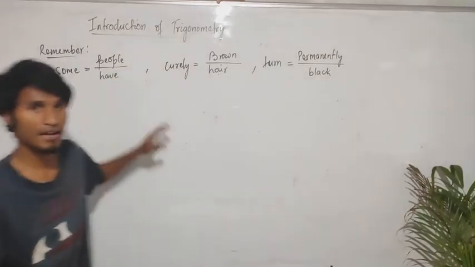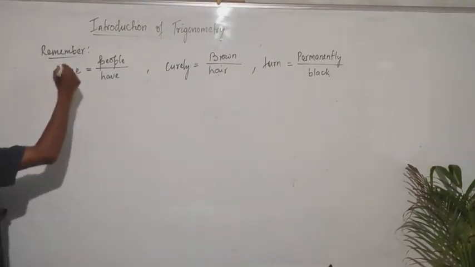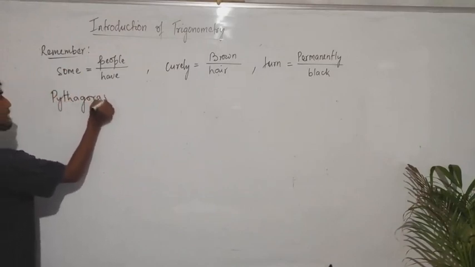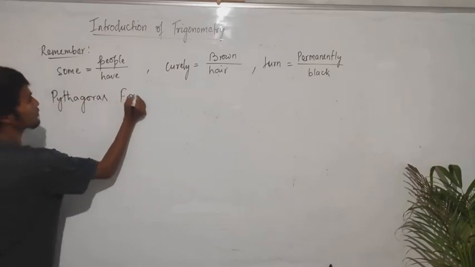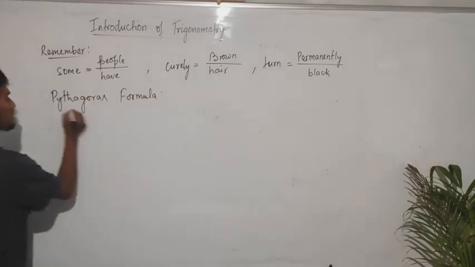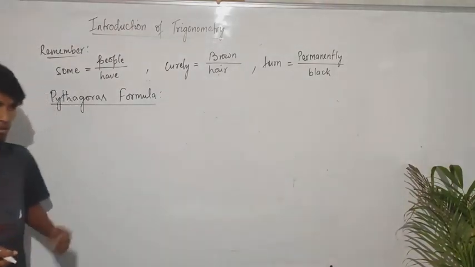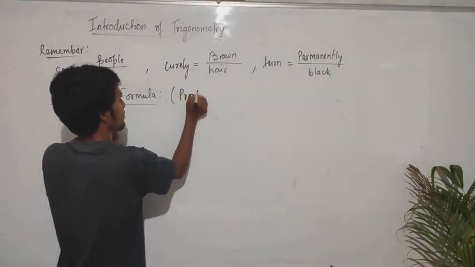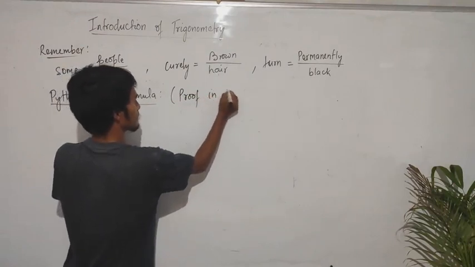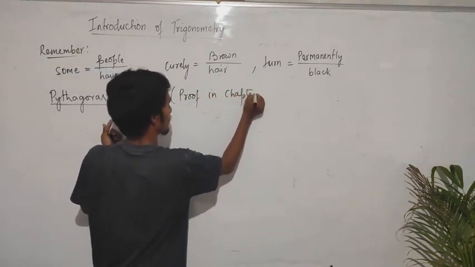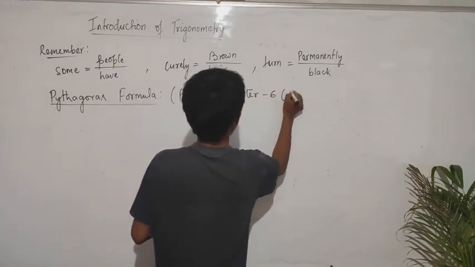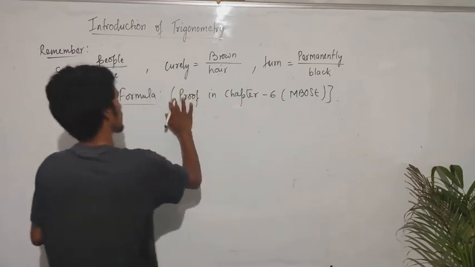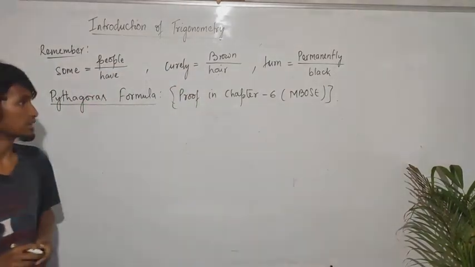Okay, now to make use of that TR, we have one more formula, the Pythagoras formula. You'll get a proof of this formula in geometry, in chapter 6. We will come across it.